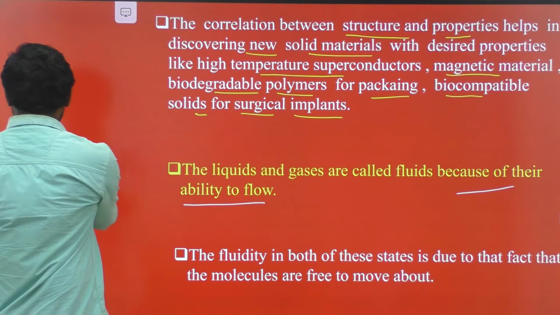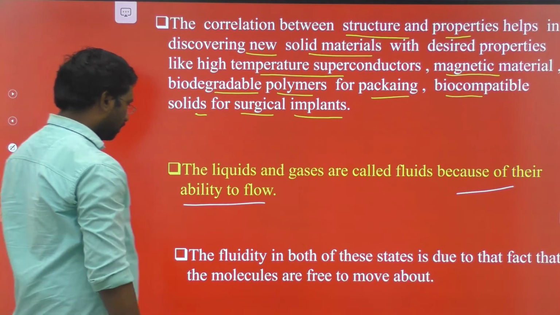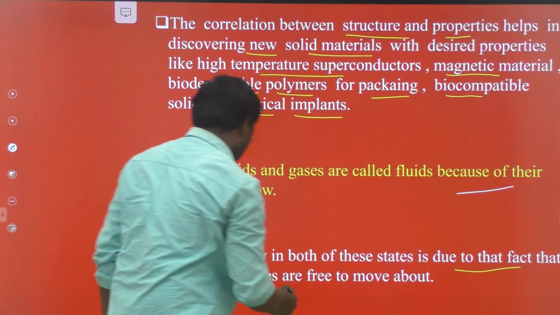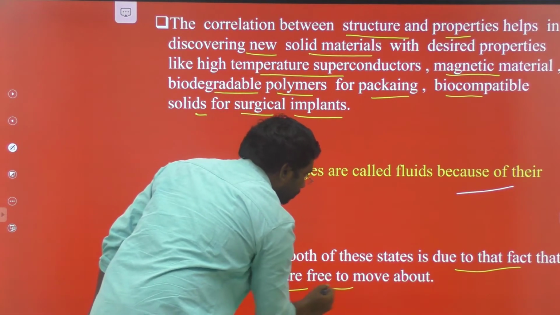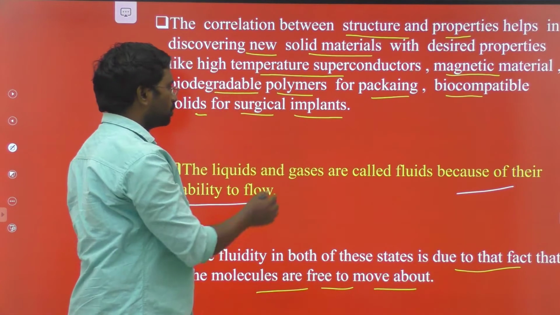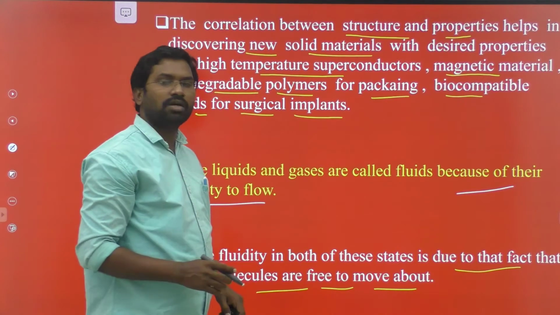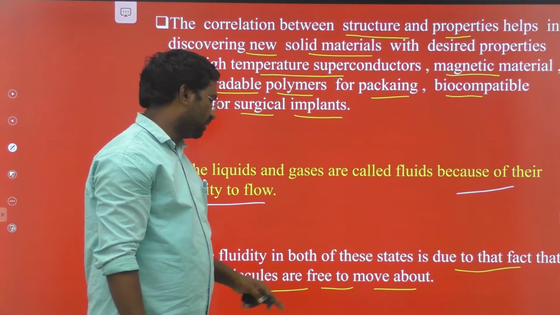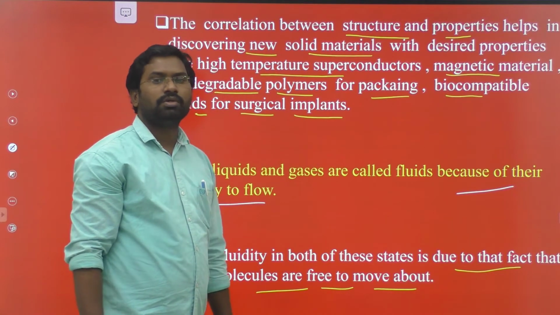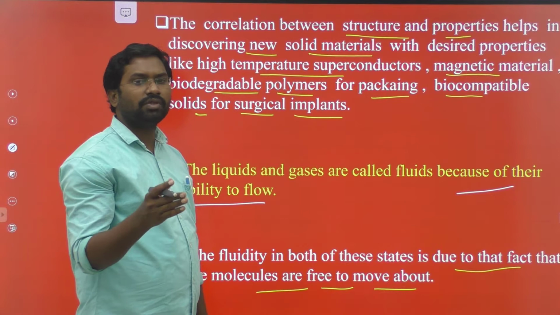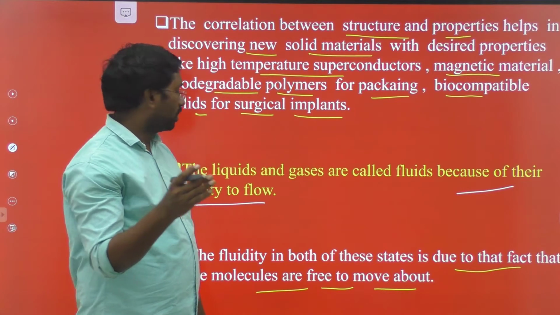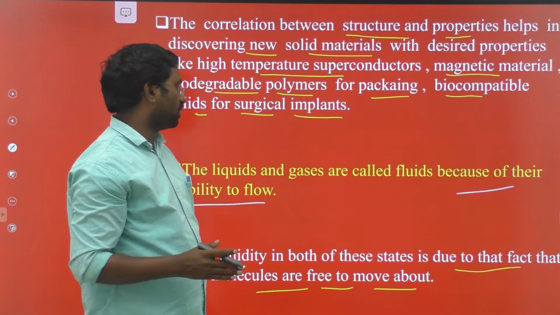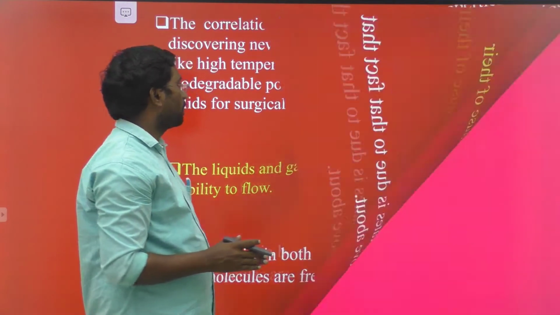And next property, the fluidity in both of these states is due to the fact that the molecules are free to move about. So liquids and gases are called fluids because the molecules present in them are free to move about. Based on this free movement of molecules, liquids and gases are called fluids.